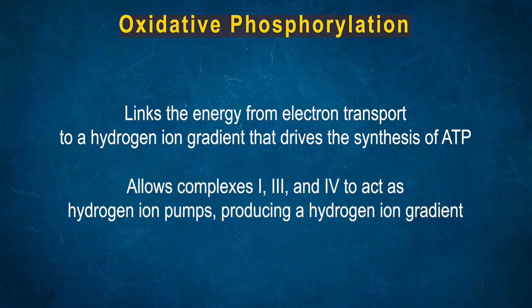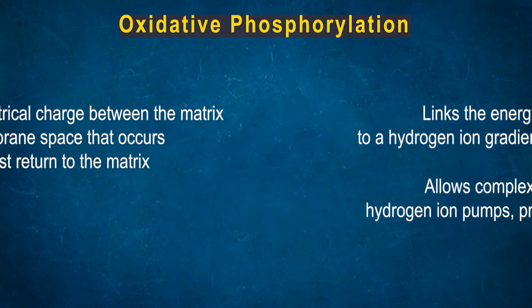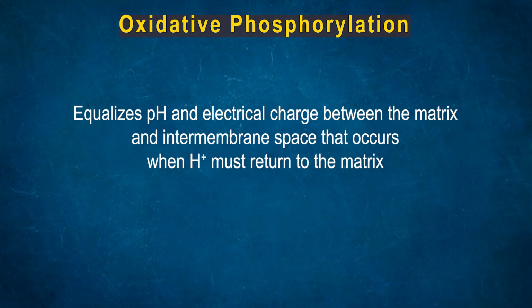It allows complexes 1, 3 and 4 to act as hydrogen ion pumps, producing a hydrogen ion gradient. It creates a pH difference, delta pH, and an electrical charge between the matrix and intermembrane space, which occurs when H+ must return to the matrix.